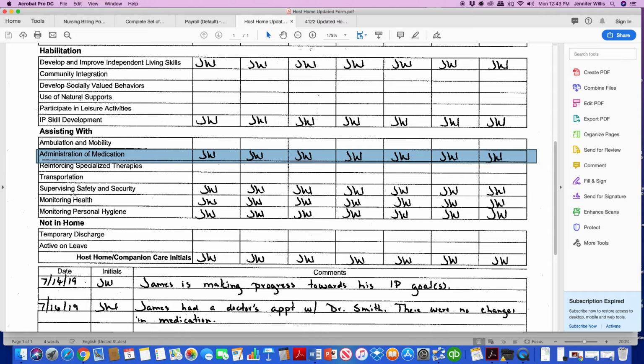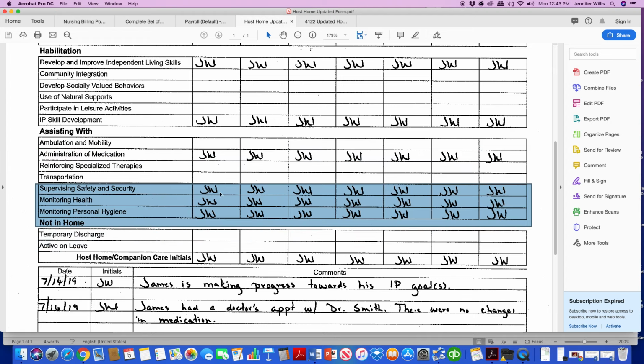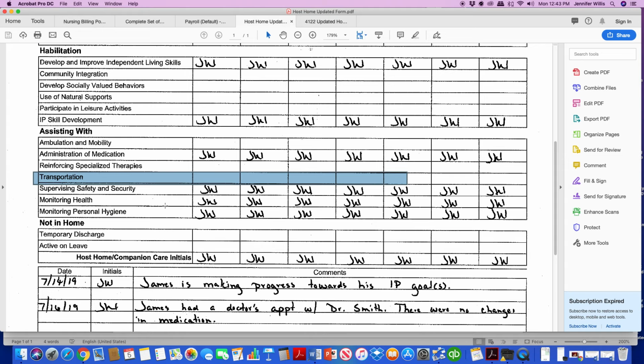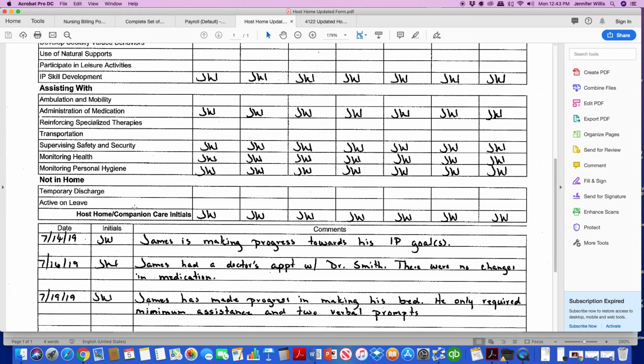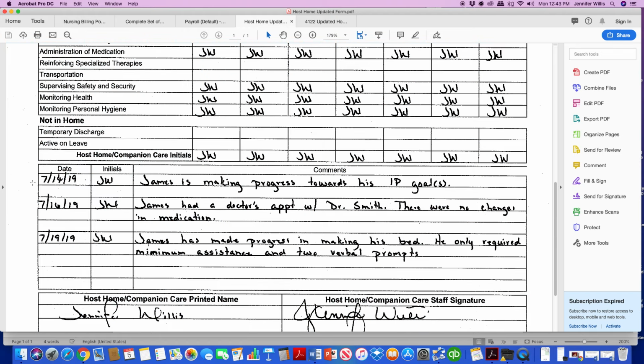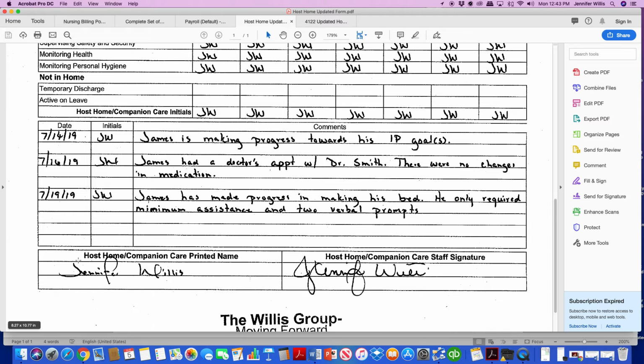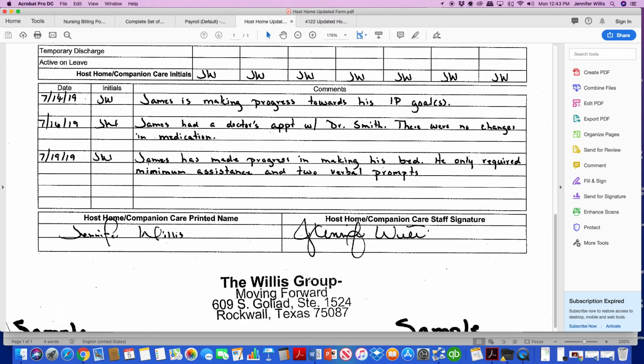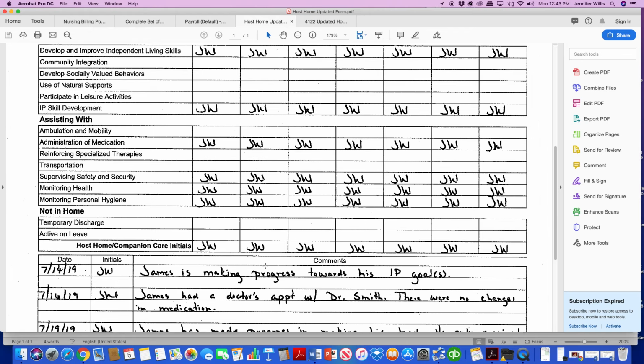And again, safety, security, monitoring health, and personal hygiene. If you have provided transportation for that individual, you want to make sure that you're filling these boxes out. And then at the bottom, initialing, and then some notes. It does not have to be a lot of notes. Print and then sign your name and submit.